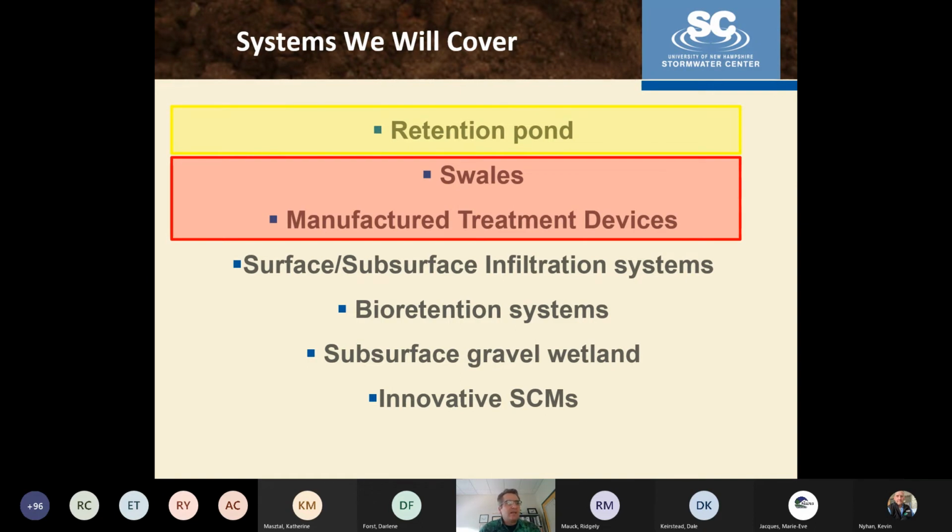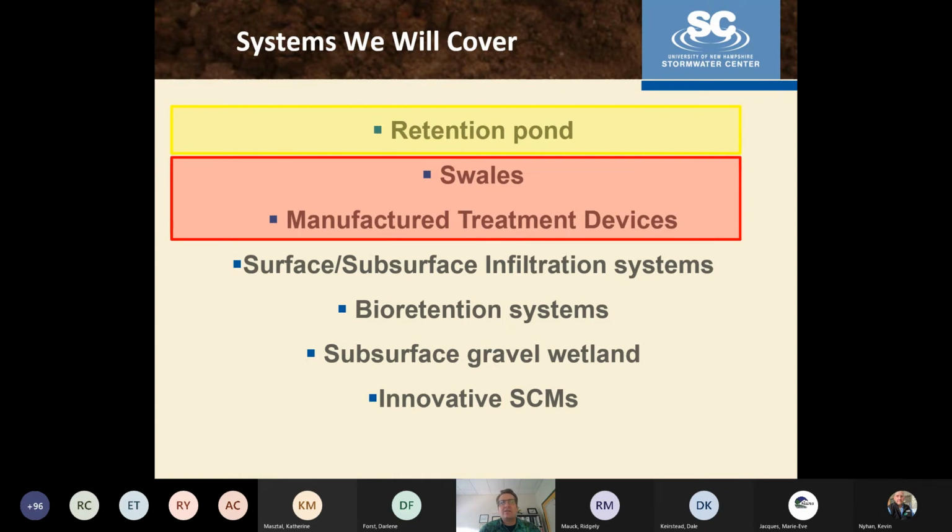Subsurface systems and infiltration systems, again, where adequately sited, are really changing the game in stormwater. So that's replenishing groundwater sources, and it's also, for the most part, for things like phosphorus, infiltration is removal of that mass.